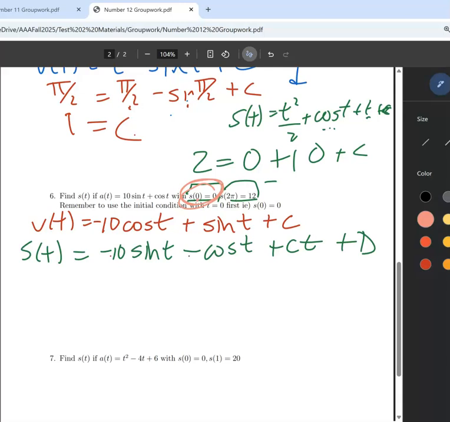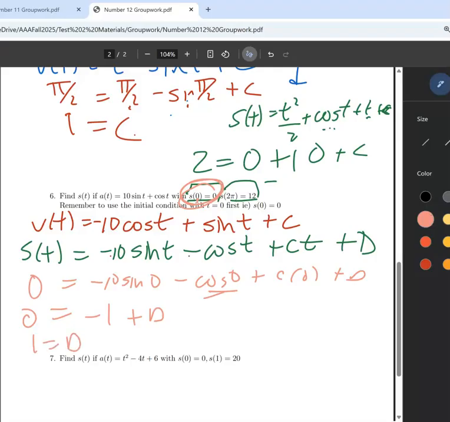Whenever the time is 0, that will help you the most. So if I put 0: negative 10 sine of 0, minus cosine of 0, c times 0 plus d, what happens? Cosine of 0 you know is 1. So I get a negative 1 plus d. 1 is d.